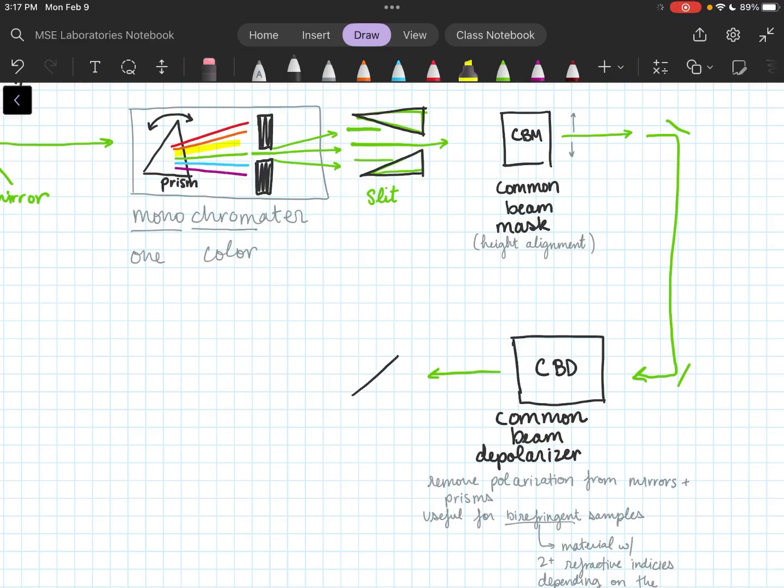And I have this little prism-ish shape here. It's not exactly a prism though, because some of the light can pass through and some of the light gets reflected and then bounced, so that I end up with two beams coming out of it. We would call this a beam splitter.